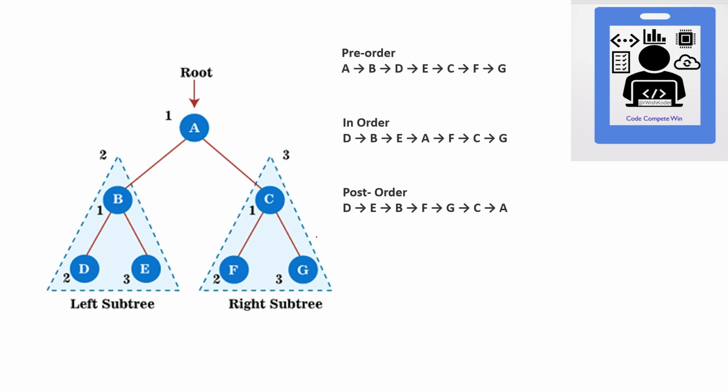In post-order traversal, first we visit the left subtree, then the right subtree, then we print the data inside the root.